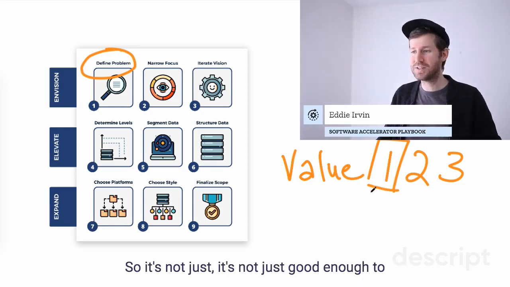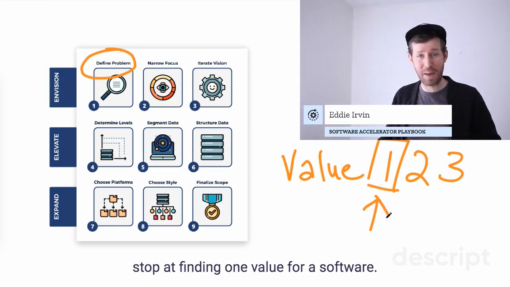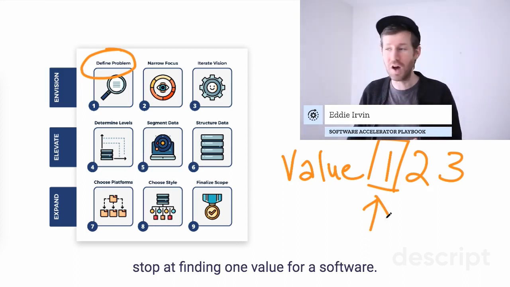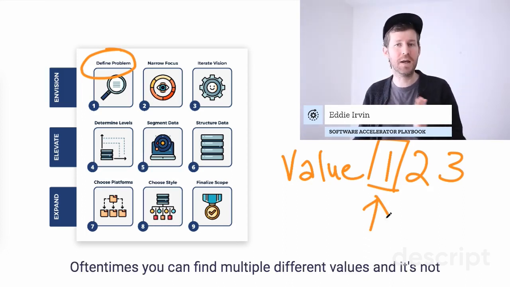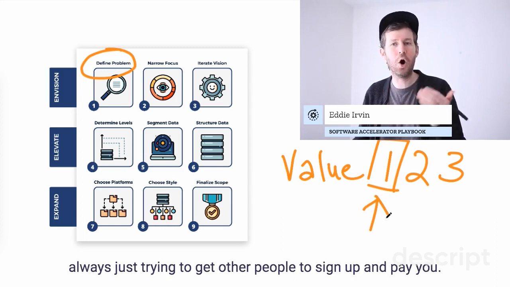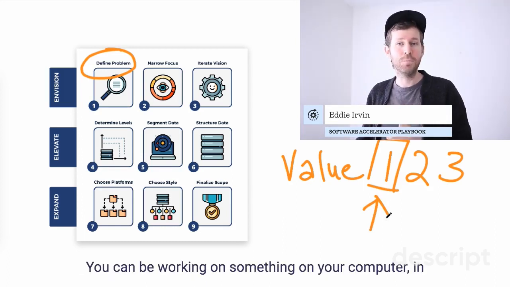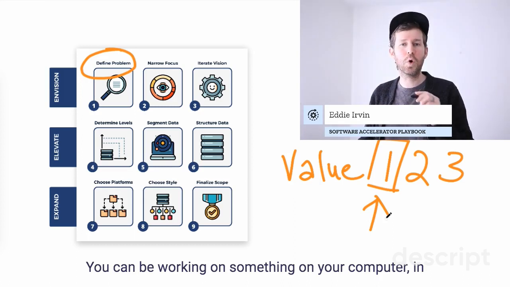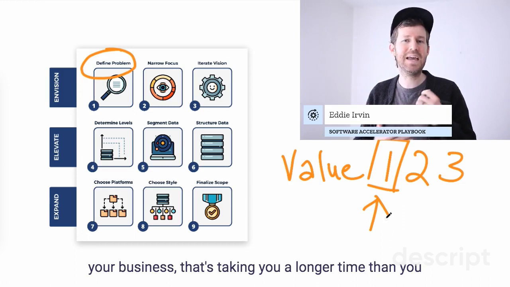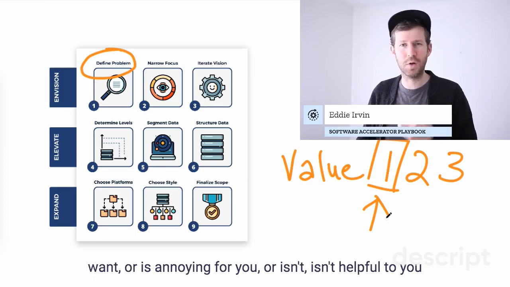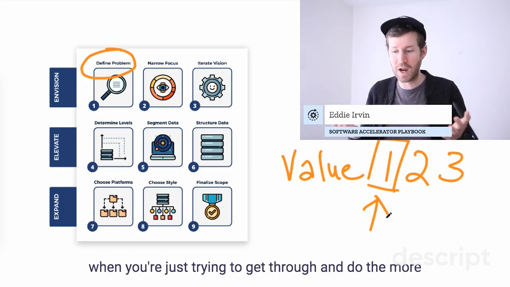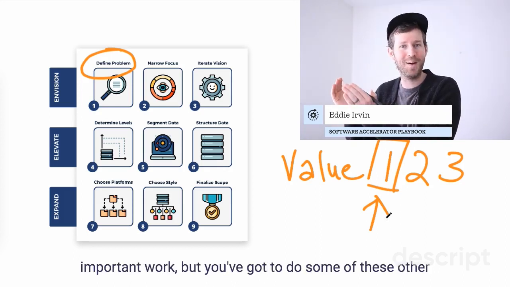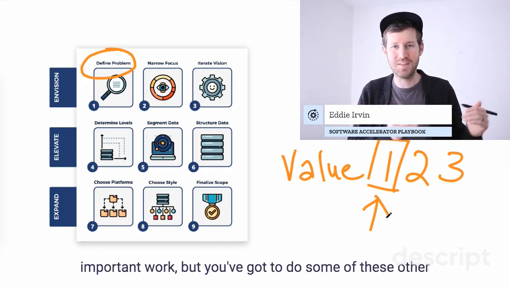So it's not just good enough to stop at finding one value for a software. Oftentimes you can find multiple different values, and it's not always just trying to get other people to sign up and pay you. You can be working on something on your computer in your business that's taking you a longer time than you want, or is annoying for you, or isn't helpful to you when you're just trying to get through and do the more important work, but you've got to do some of these other things.